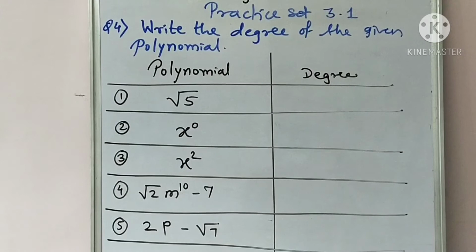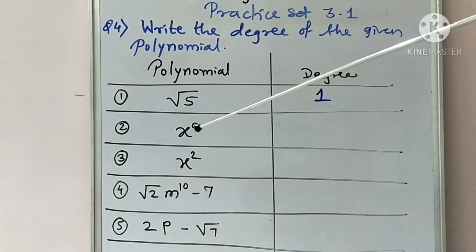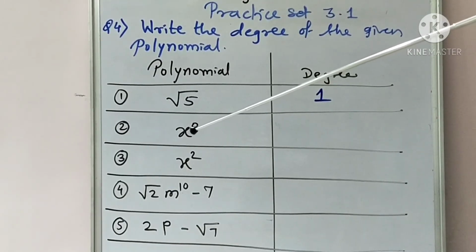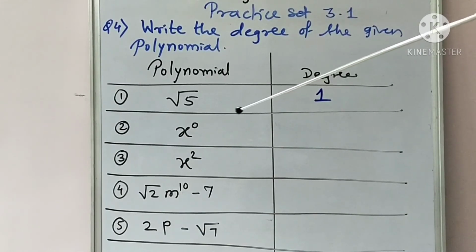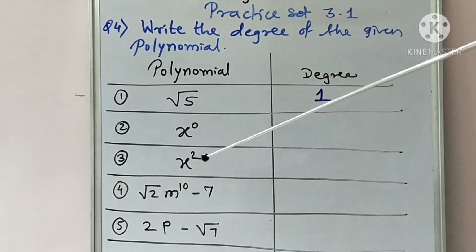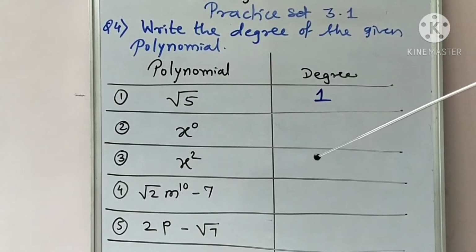Yes, of course it is 1. Okay. Second one is x raised to power 0. So the highest index is what? Highest power is 0, means for this polynomial the degree is 0. Okay. For the third one, the highest power is 2, means for the third the degree is 2, like this.